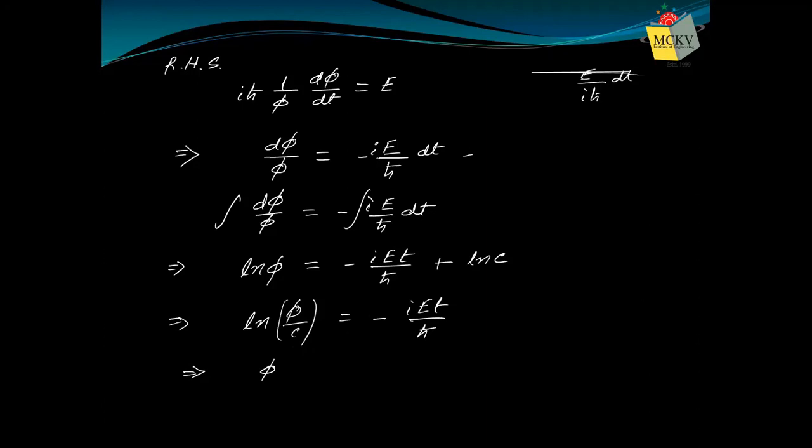If I try to remove this log, then phi by c will be e to the power minus iEt by h cut. So what will be phi? C into this. So phi, which is a function of time, is phi equals c e to the power minus iEt by h cut.